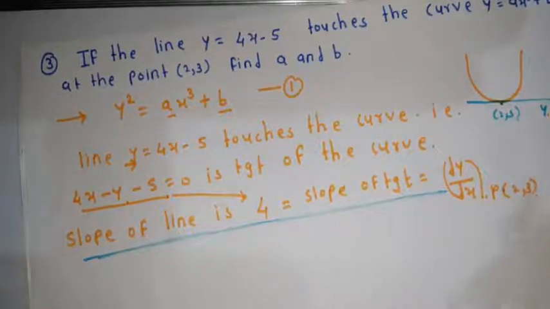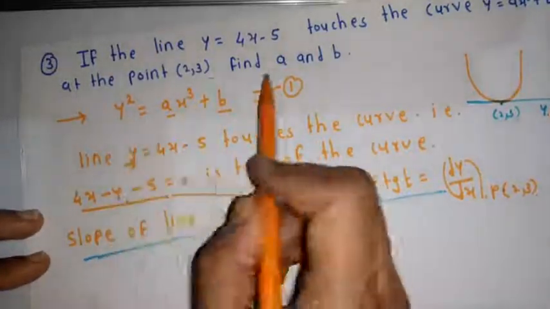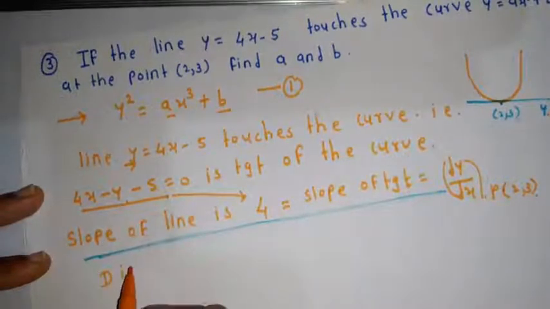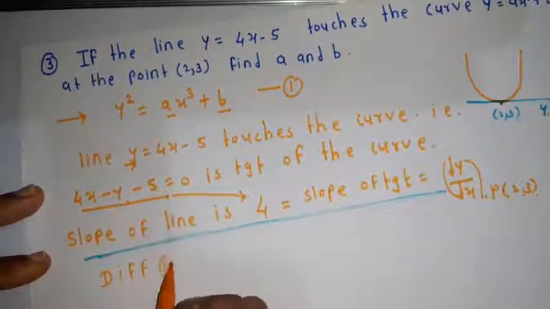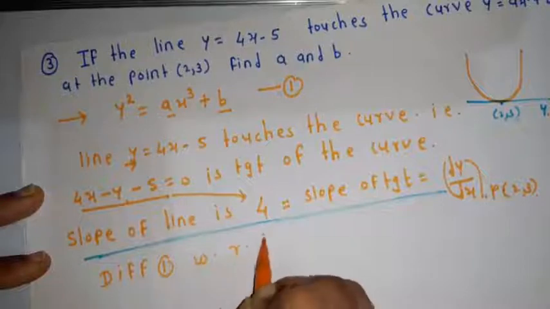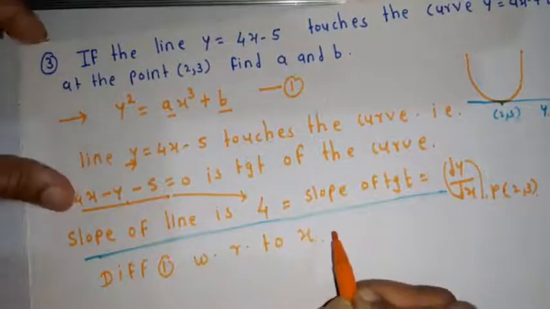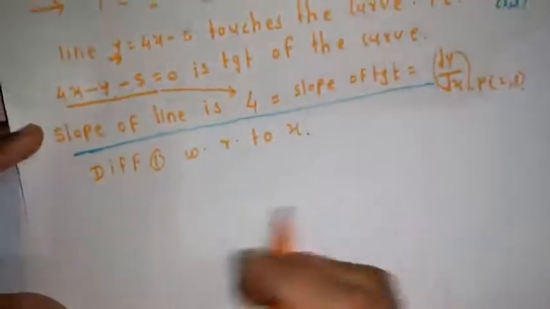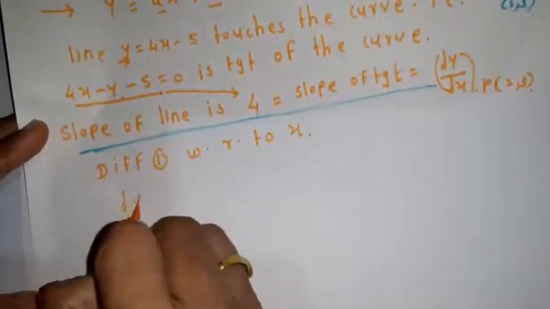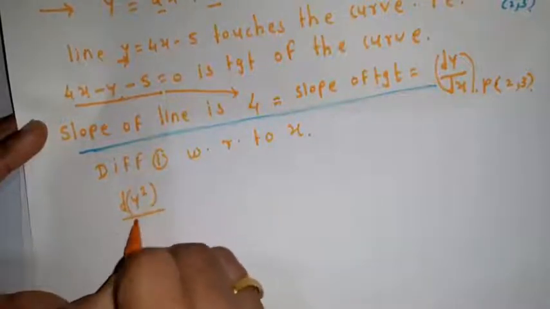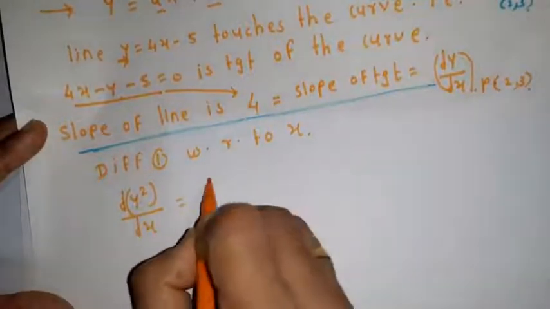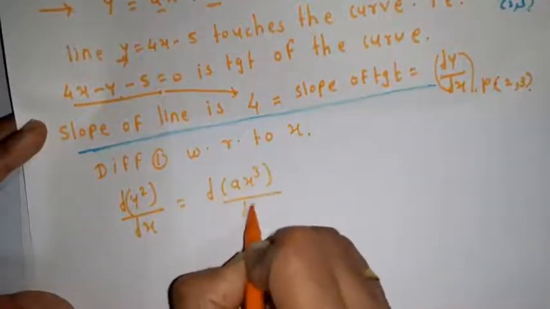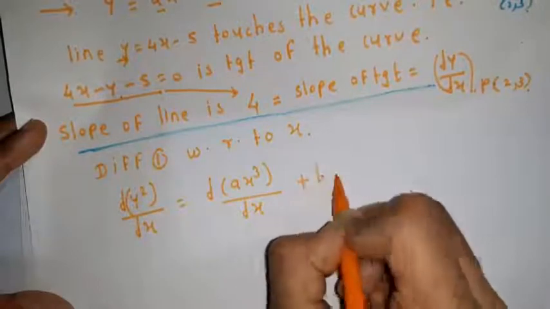Okay, and therefore to find out now dy by dx, differentiate 1 with respect to x. With respect to x, we will get differentiation of y square with respect to x equal to differentiation of ax cube with respect to x plus b.